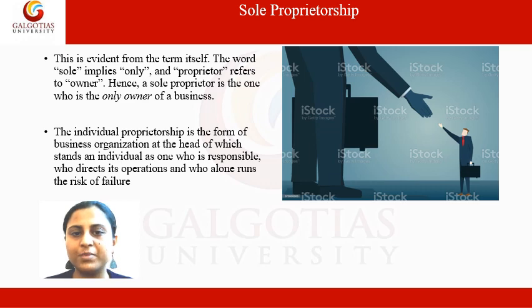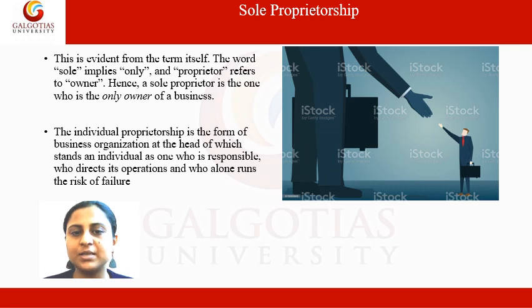This form of business is most suitable for small businesses, especially in the initial years of operation. You would have seen that a vast majority of small businesses start out as sole proprietorships.